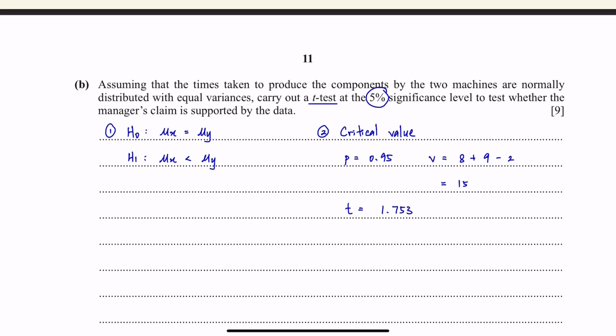But because this is the symbol less than, it shows that we would be finding the left tail of the normal distribution graph. So our t value should be a negative value.